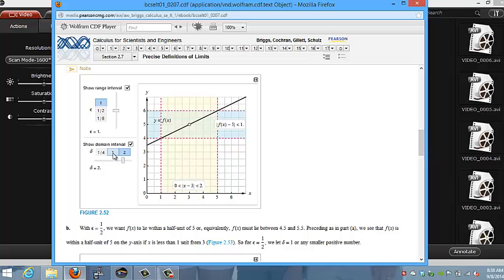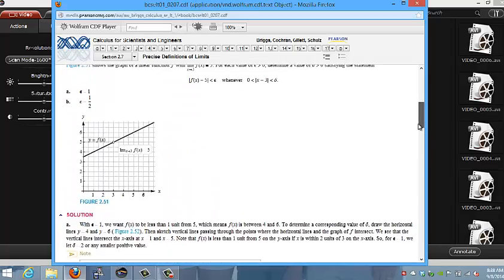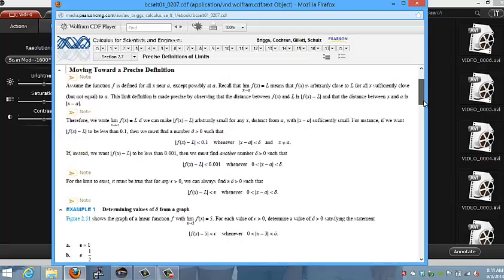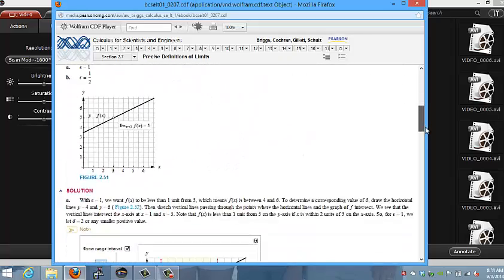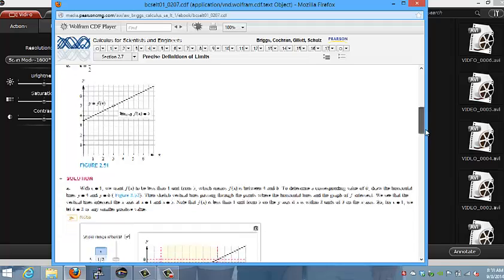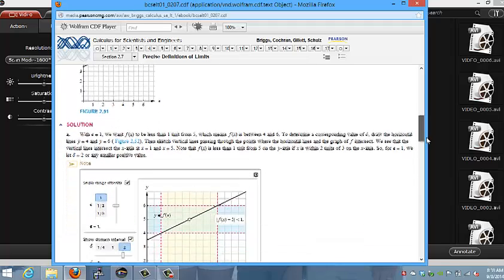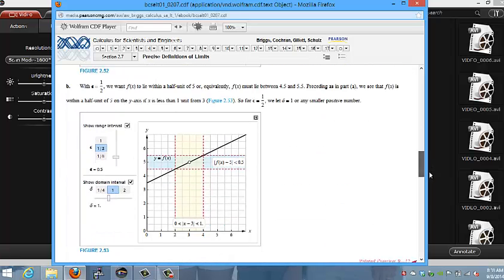When epsilon equals 1, you want to be between 4 and 6. So epsilon is 1, and we have to have delta that'll get me there, okay? Now, they're showing you a little bit of algebra in this example, too. No, they're not. They're doing it with the graph, and that's okay.